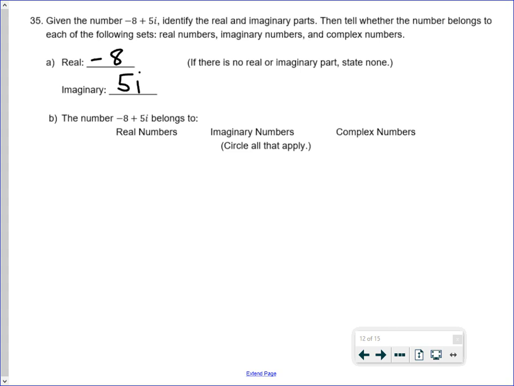It's going to be complex numbers. Complex numbers include everything, and we have an imaginary part, so it's not going to be real numbers, and we have a real part, so it's not going to be just imaginary numbers. So our only solution left is the last one, which is complex numbers.